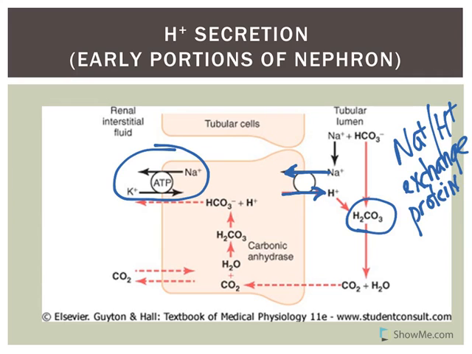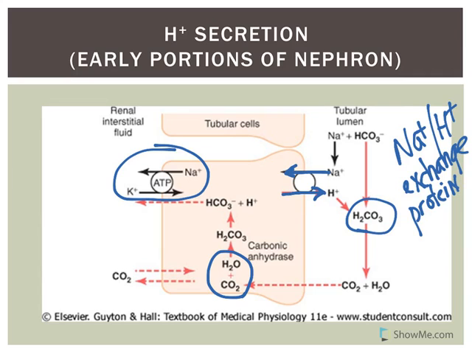It doesn't really show it very well in here, but this reaction is actually taking place within the brush border of the proximal tubule, not in the lumen itself. And then the carbonic acid dissociates into carbon dioxide and water. So this is happening really in the tubular cells. And so you have CO2 and water here.